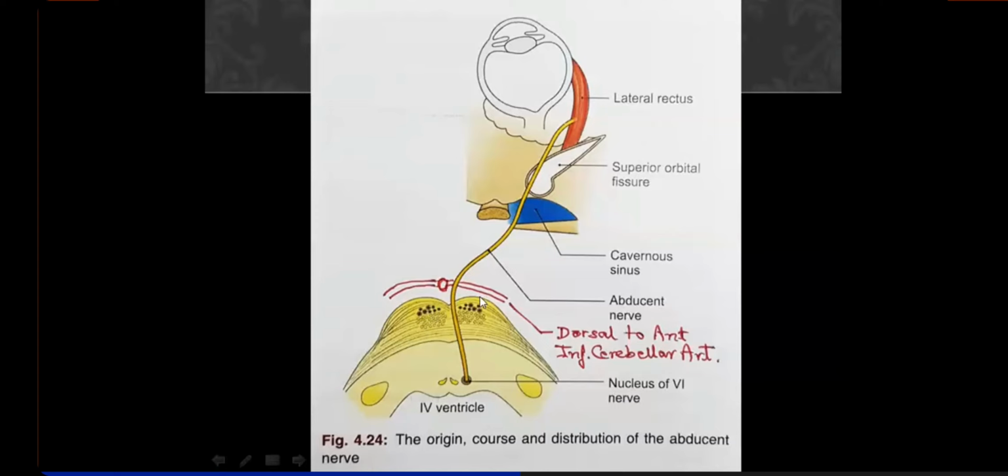This abducent nerve, an important thing, is dorsally related. Remember the relation of the nerve and artery: the abducent nerve crosses the anterior inferior cerebellar artery from above, so the nerve is dorsally related to the artery.